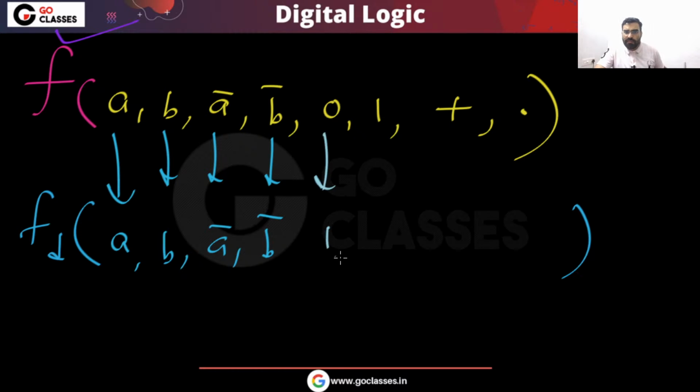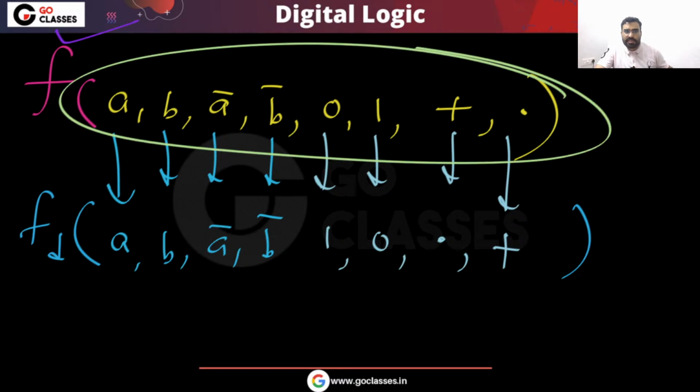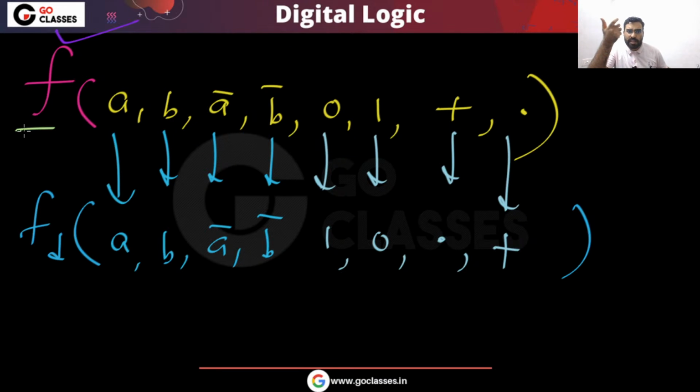But this 0 will become 1, this 1 will become 0, this plus will become AND, and this AND will become plus. So if your expression has only AND and OR, then you can very easily find the dual.